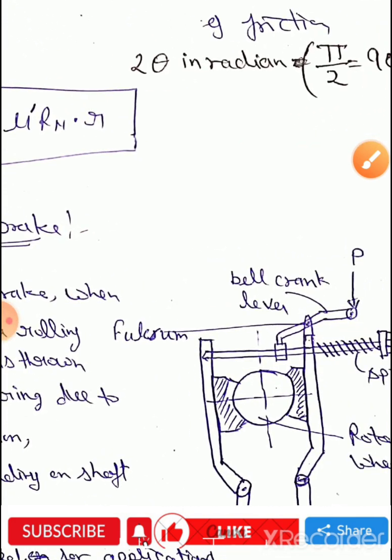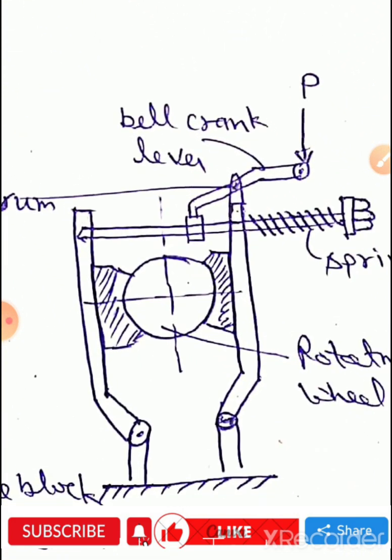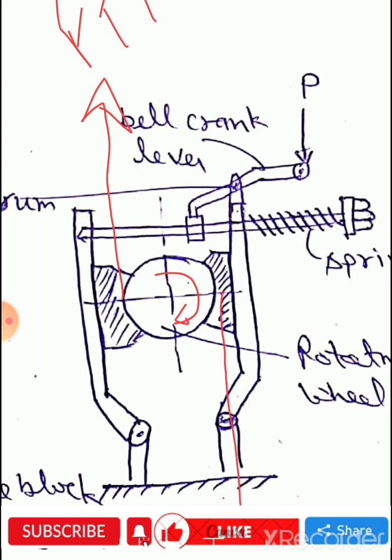Please see the figure, Ft1 and Ft2. When the wheel rotates in the clockwise direction, then on this side Ft1 is in the upward direction, and on this side Ft2 is applied in the downward direction.